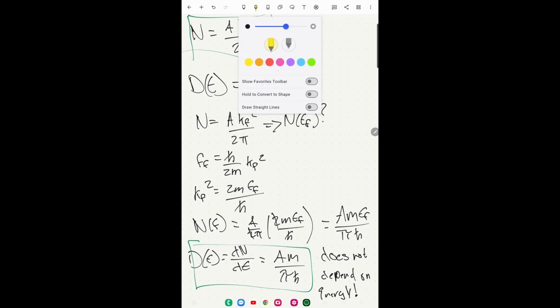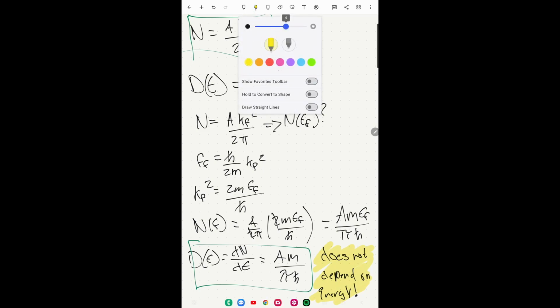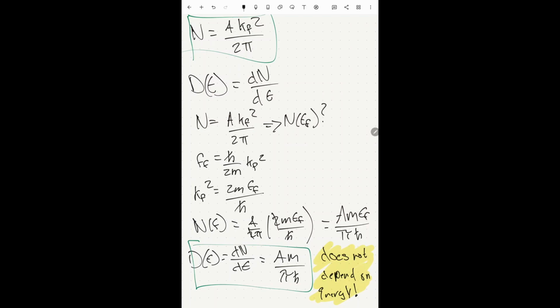And the reason this does not depend on energy is because we don't see any E terms. So if we saw something that had an E term in here, it would depend on energy, but the density of states, at least in a 2D electron gas, does not depend on energy. This would not be the same sort of case with a 3D electron gas. However, this is the case with our 2D electron gas.